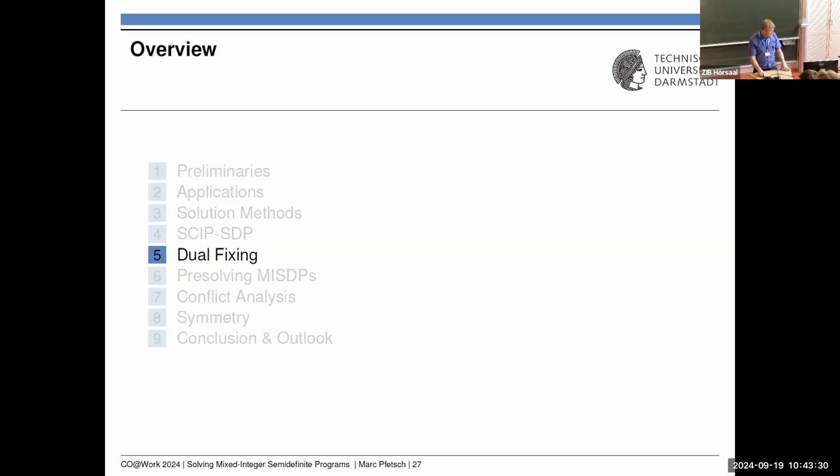Okay, so let me look at the time. I have 5 minutes. Okay, then I was much slower than I expected. Then you choose what I will tell you. There are 3 topics to choose from. I can talk about presolving, I can talk about conflict analysis, and I can talk about symmetry. I have time for only one. So, of course, we will vote. Who wants to hear about presolving?